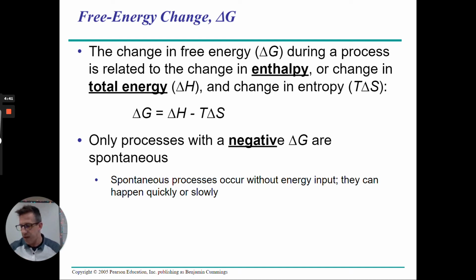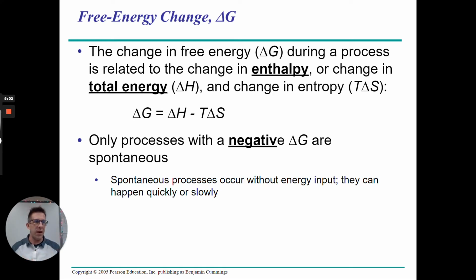For instance, the breakdown of hydrogen peroxide into its constituent parts is a spontaneous process. If left to happen, it will just happen. It'll break down into its constituent parts, but it does not happen quickly. It happens very, very slowly.